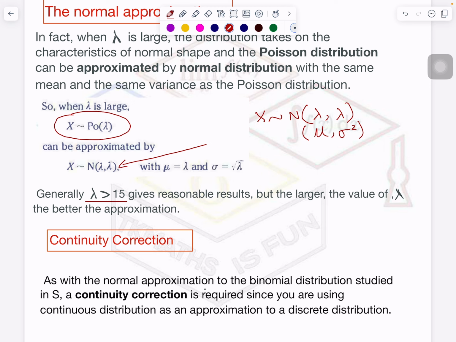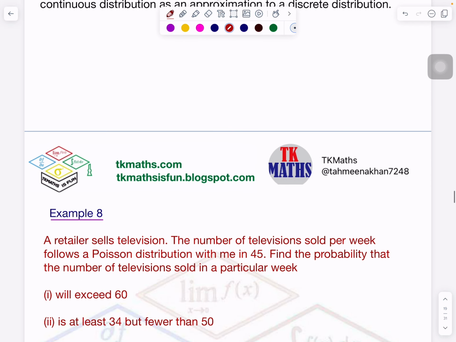The reason is Poisson distribution is on discrete data, whereas a normal distribution is applied on continuous data, right? So I have taken one example here to help you recall the concept. For more complex questions, you can see the links given in the description below or on my website.